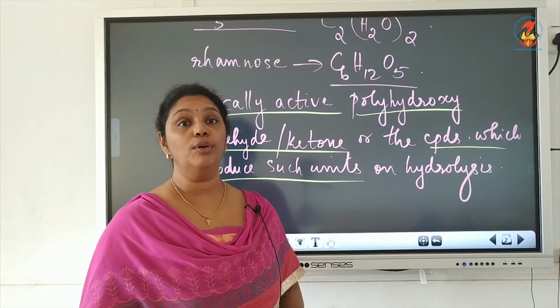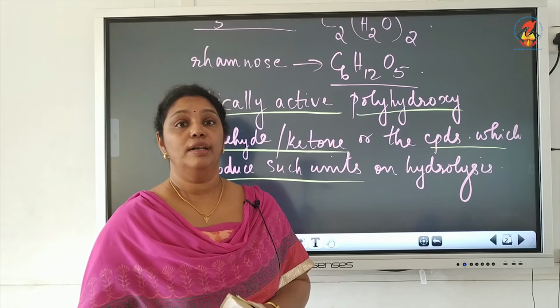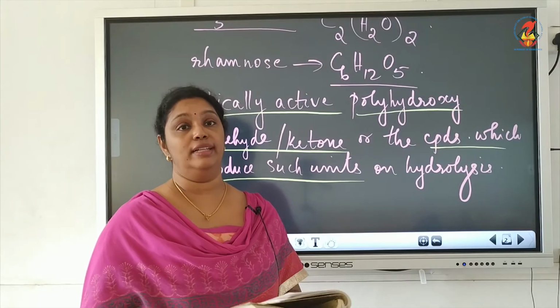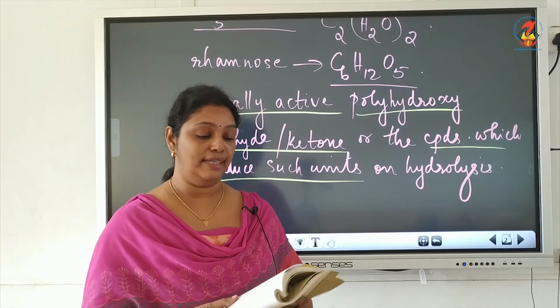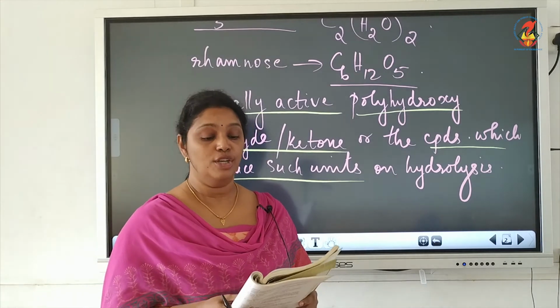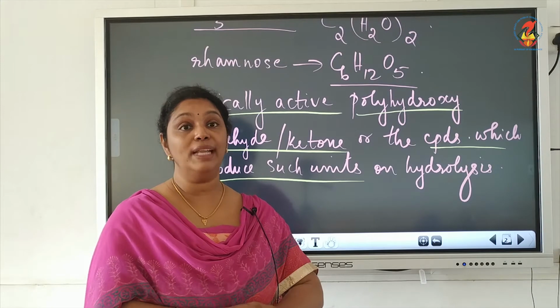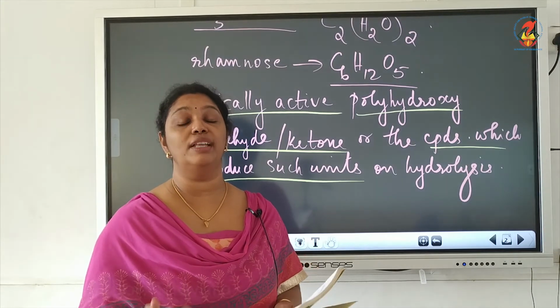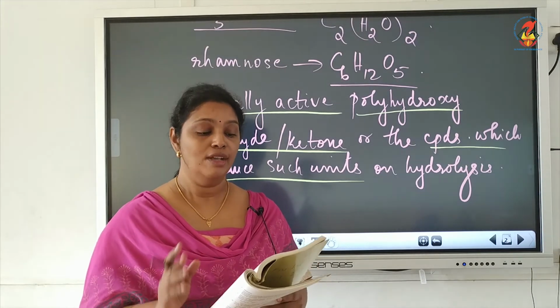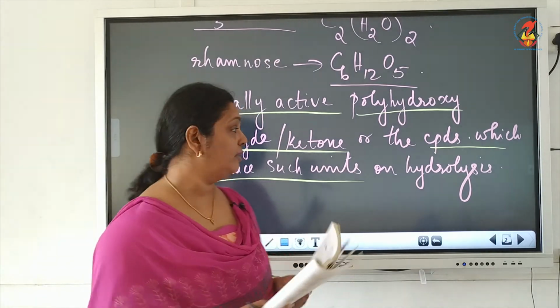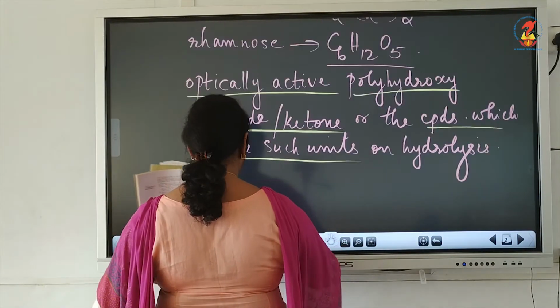Now, we know that the carbohydrates, some of them are sweet in taste, and they can also be called as sugars. And you know the sugar present in milk is lactose, and the sugar that we commonly use at home is sucrose. Then carbohydrates can also be called as saccharides.